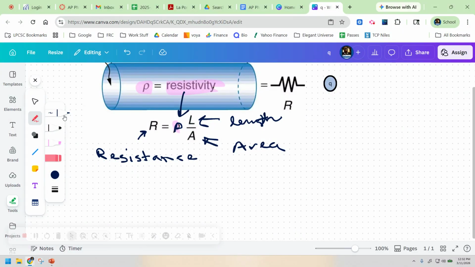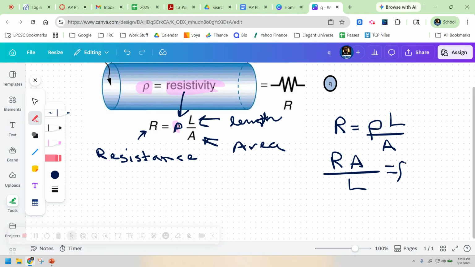Well, this is a little challenging. If I take this formula and I solve, what I actually get is that the resistance times the area divided by the length will give me the resistivity. Okay? So that's a quantifiable thing that we can measure.